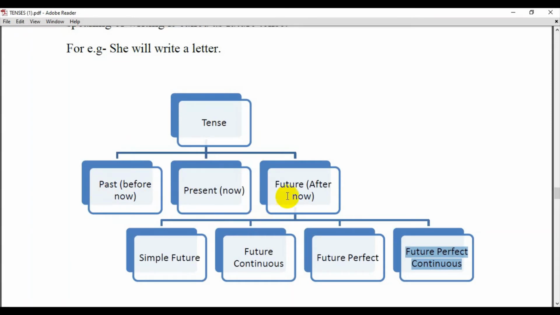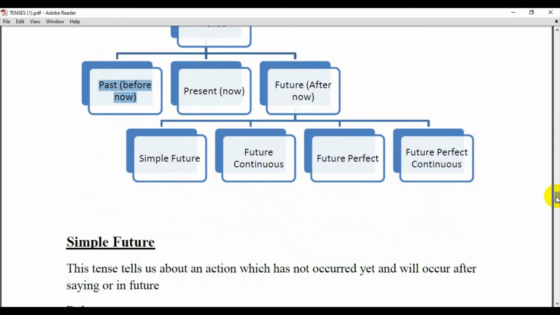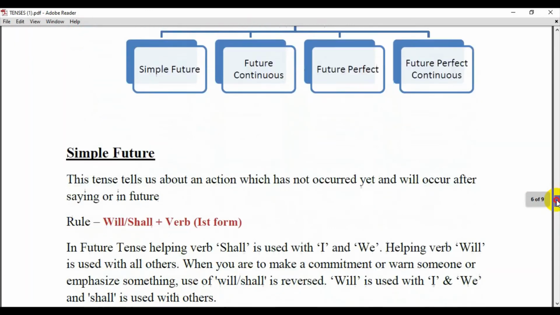So here, present, talking about things in general, or talking about things that are happening now at the time of speaking, past before now, and the future after now. And in each tense we have the simple, the continuous, the perfect, and the perfect continuous.